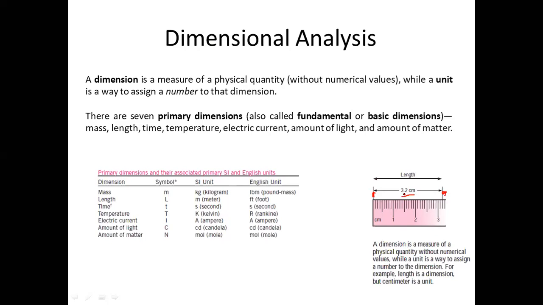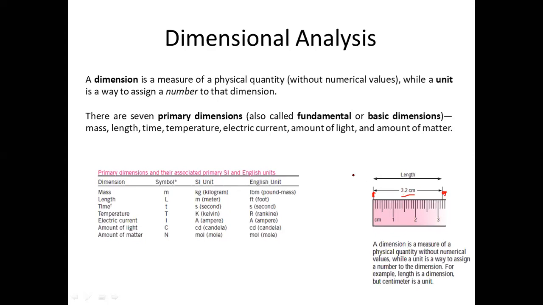In this distance, 3.2 is the dimension and centimeter is the unit. You can also convert this measurement into meters, maybe inches, maybe feet. So inches, feet, meters could be units, and the numeric value will be the dimension. This is the example of dimensions and units.